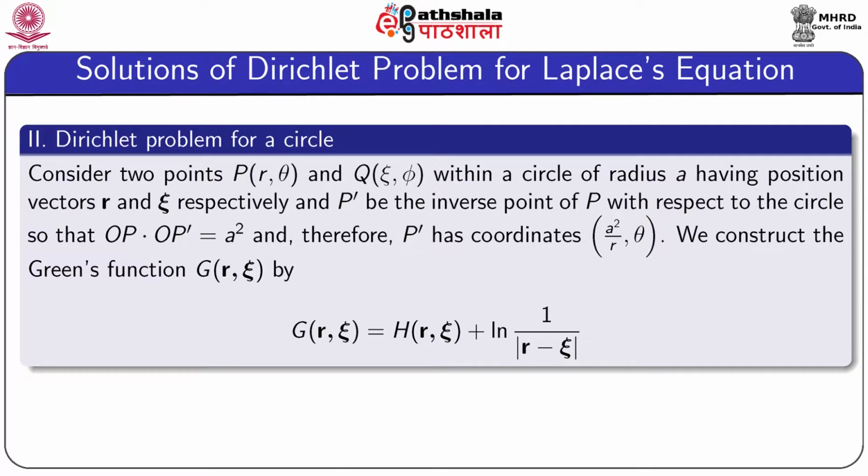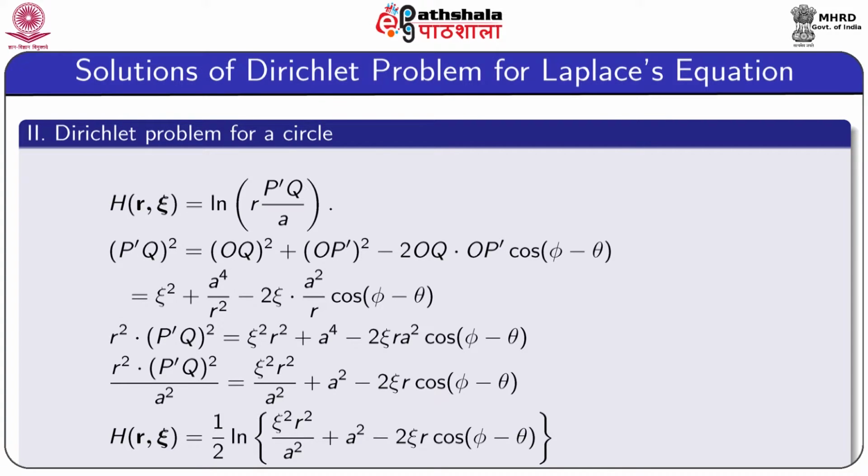Now, we construct Green's function for this particular problem as G equals to H plus log of 1 by mod r minus xi. And we also choose the expression for capital H such that H equals to log of r P dash Q by a. Now, we shall derive the expression for P dash Q.